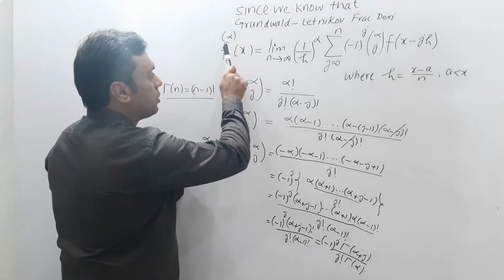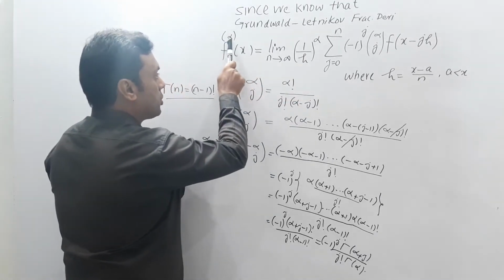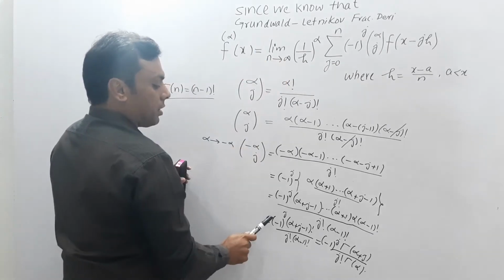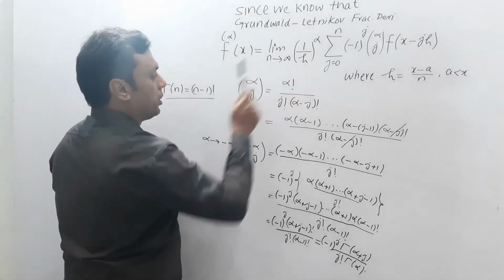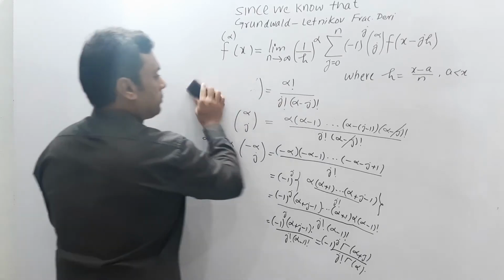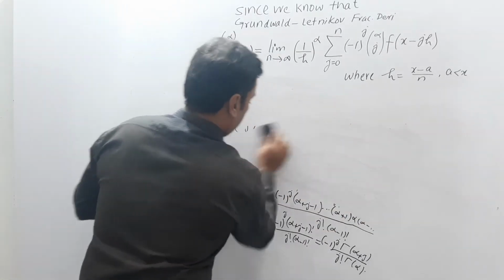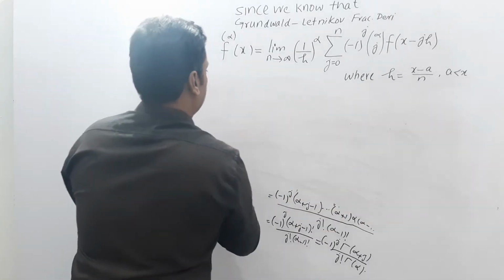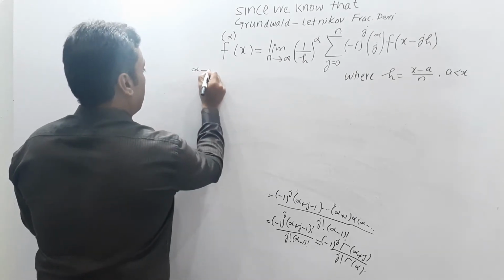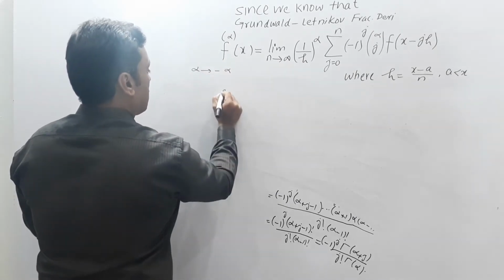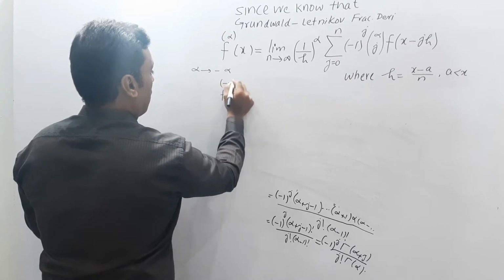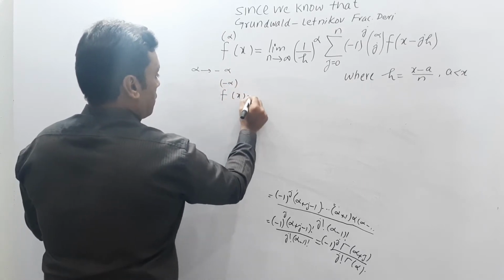Okay, now in this expression I will switch alpha to negative alpha, and then I will use this expression here. So plugging alpha to negative alpha, this becomes f of negative alpha x.